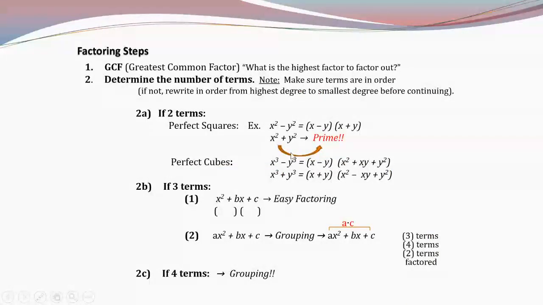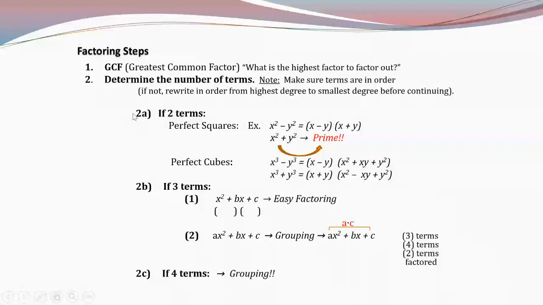Now the steps to factor: number 1 is find the GCF, which is called the greatest common factor, or the highest factor to factor out. Once you do step 1, then you go to number 2, determine the number of terms, and make sure that the terms are in order. If not, rewrite in order from highest degree to smallest degree before continuing.